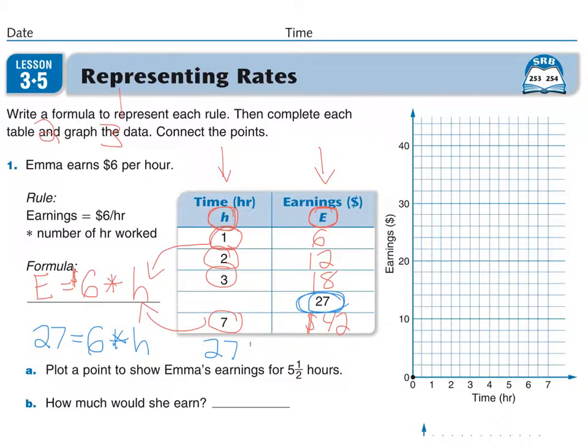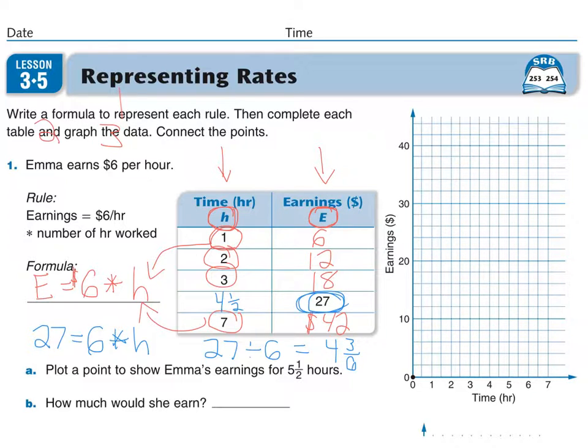So 27 divided by 6. 6 goes into 27 4 times, giving 24, with a remainder of 3 left over. And so that'd be 3/6, which gives me 4 1/2. So at 4 1/2 hours, Emma would earn $27.